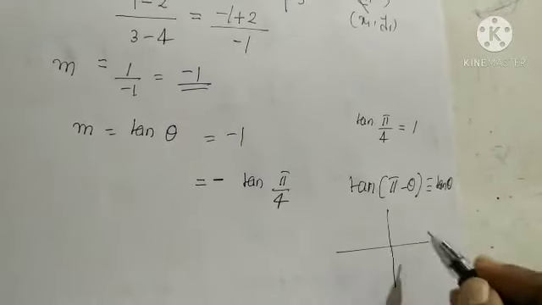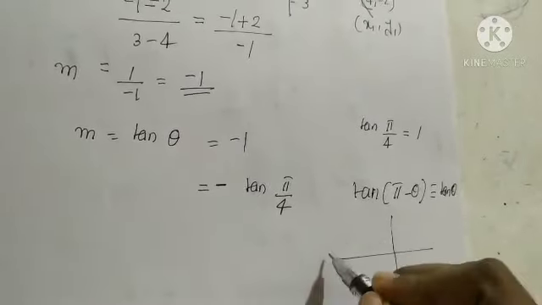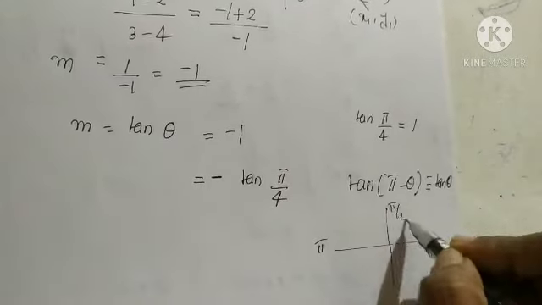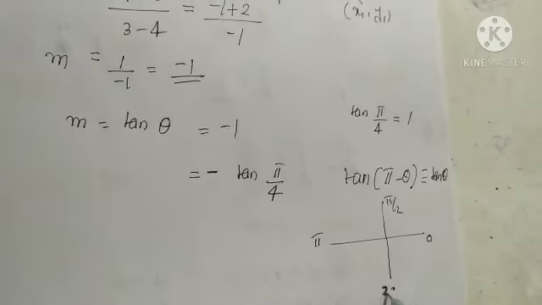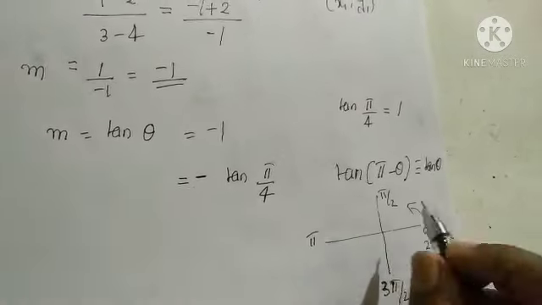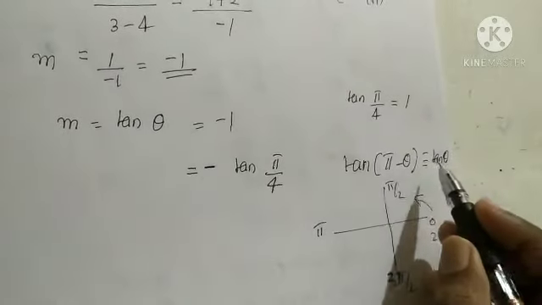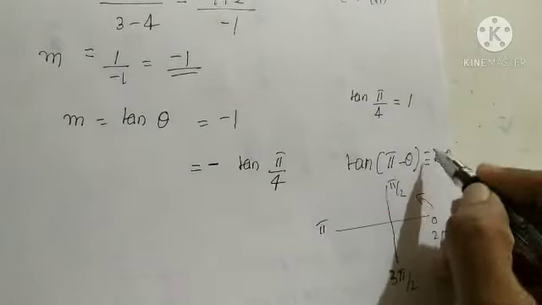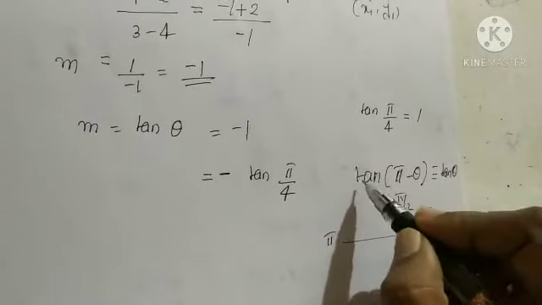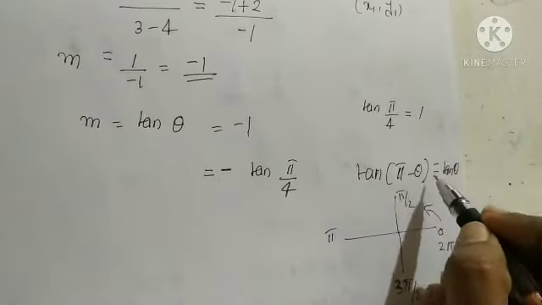If we draw the 4 quadrants, this is our pi, this is 0, this is pi by 2, this is 3 pi by 2, 2 pi, and so on. So here tan pi minus theta will be equal to tan theta.